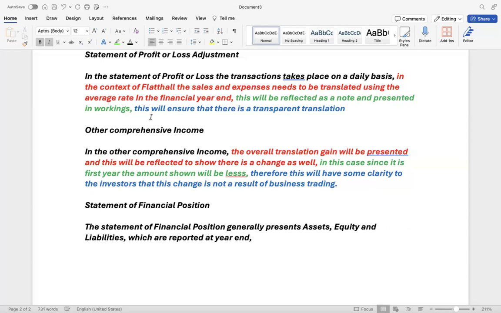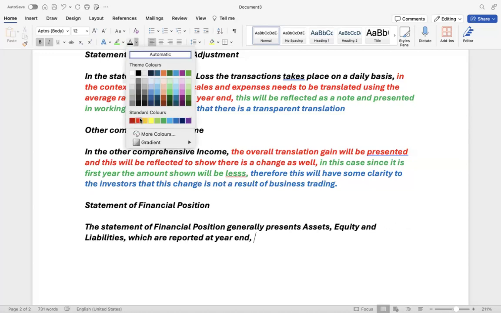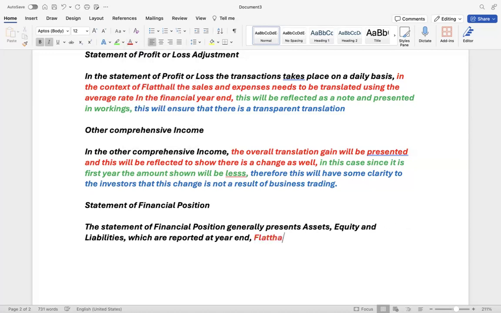Correct, no, students? So I'll write down here, Flatthall generally needs to use the closing rate to translate these values.